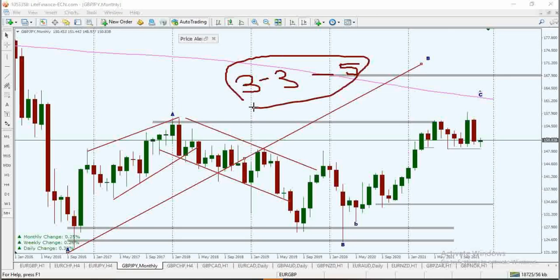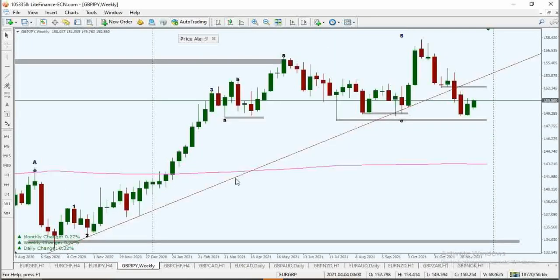But in a real life situation, we might not have this kind of 3-3-5, but we're going to be looking at it on an overall basis using the Elliott wave theory. So looking at this one, what we're looking for is a 5 termination to the upside before the next drop.